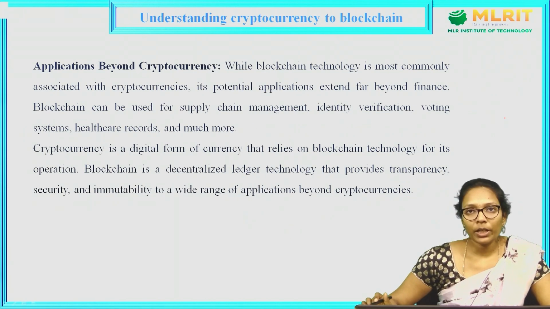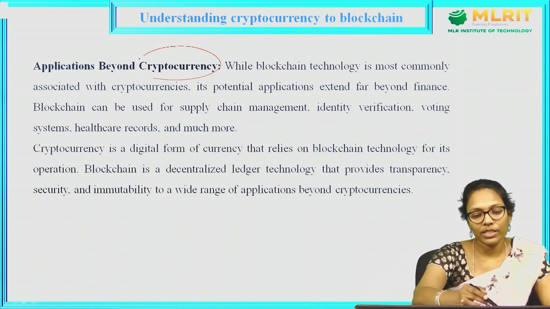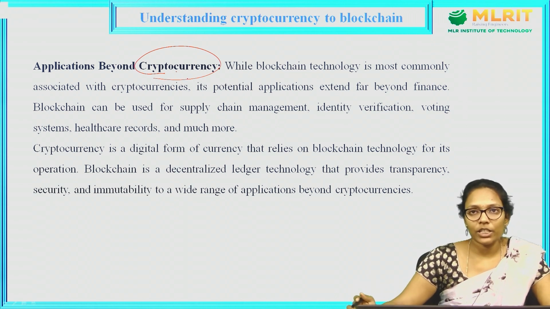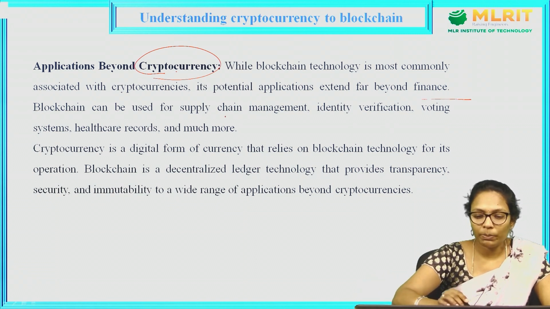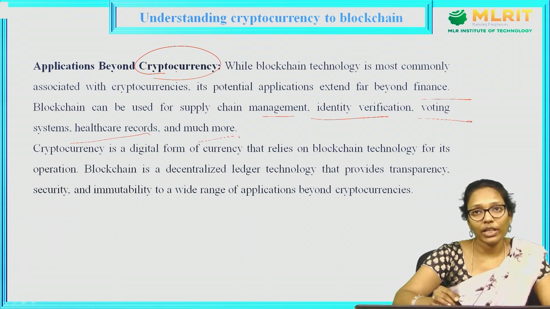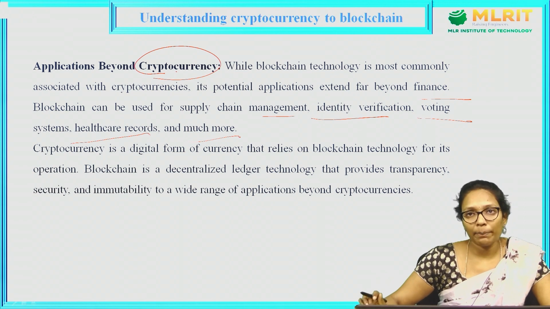Applications beyond cryptocurrency: in blockchain technology, one application is cryptocurrency, but other than that we have other applications also. Blockchain can be used in many sectors like finance, supply chain, identity verification, voting, healthcare, and many other applications. But one of the main applications of blockchain is cryptocurrency.